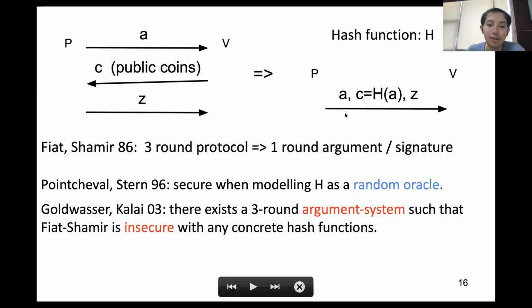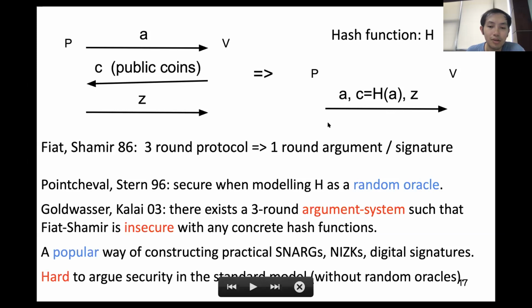So this really gives a very intriguing question to the area of Fiat-Shamir. It gives you a counterexample in some sense to the random oracle, and it raises the question of whether using Fiat-Shamir really poses a threat to the crypto systems used today.